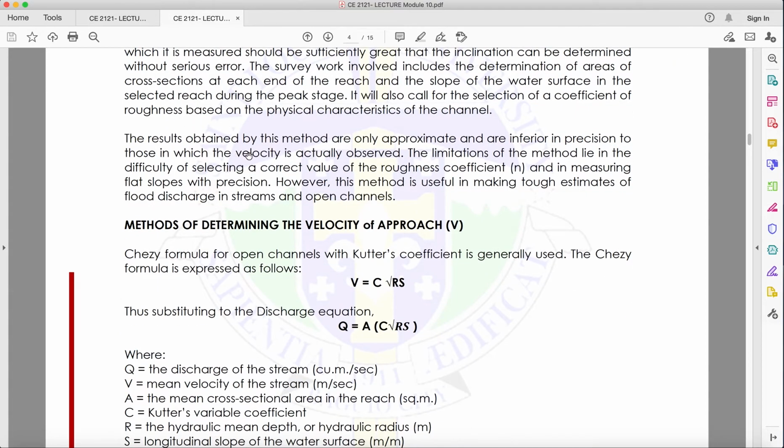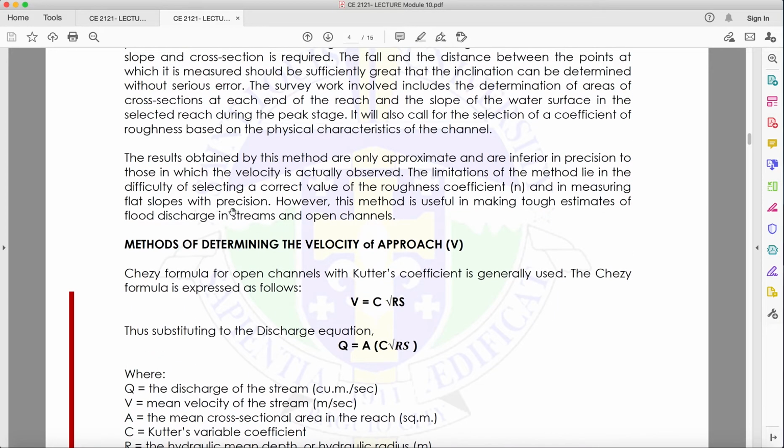So the results obtained by this method are inferior in precision to those in which the velocity is actually observed. The limitations of this method lie in the difficulty of selecting a correct value of roughness coefficient and in measuring the flat slopes with precision. However, this method is useful in making rough estimates of flood discharge in streams and open channels.